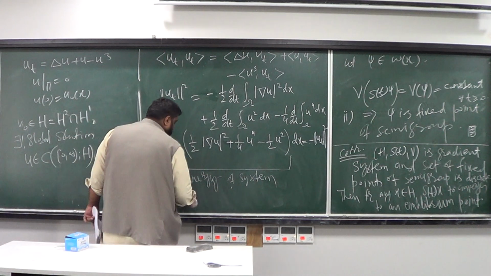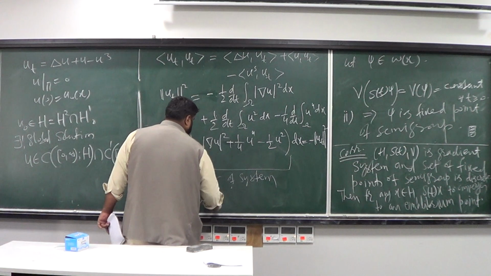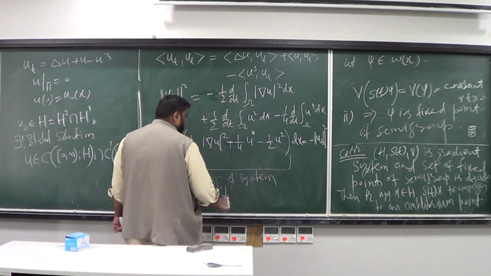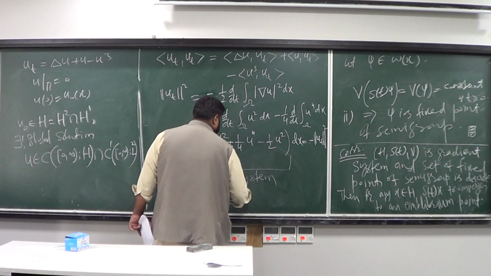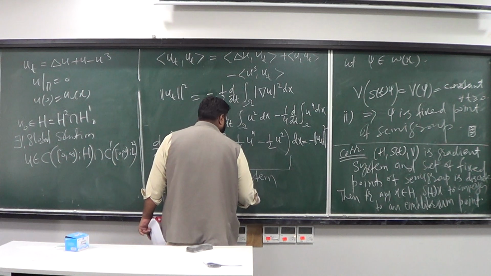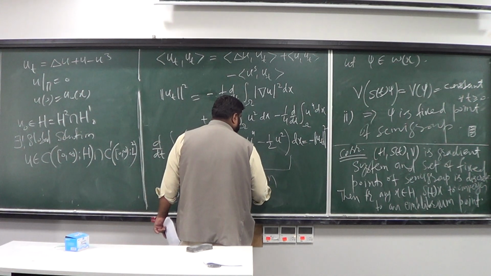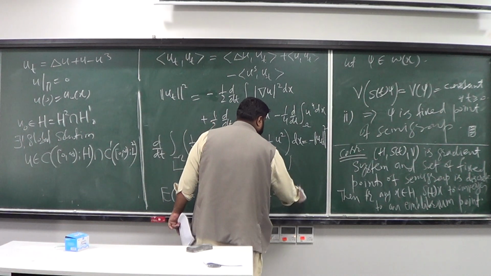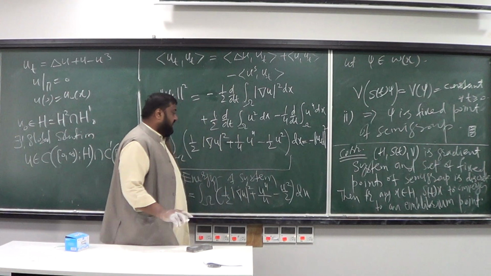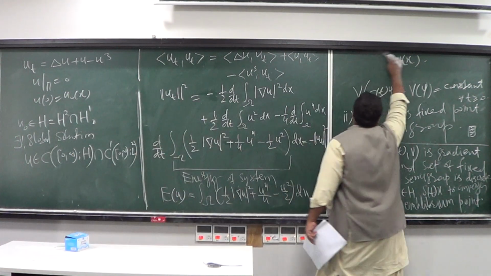Okay, E of u is the integral over omega of 1/2 gradient of u square plus u power 4 by 4 minus u square by 2 dx. Okay, this is what it is going to be. And now it's time to put a claim.